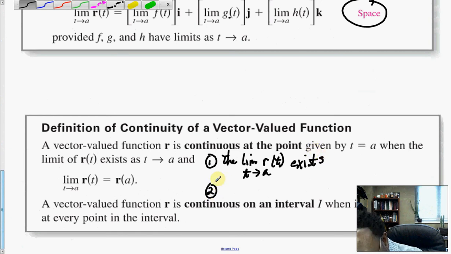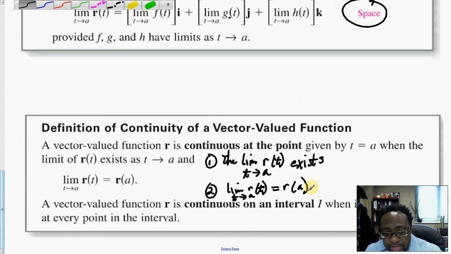And then secondly, that if the limit of r of t as t approaches a exists, that limit ends up having a definite number and that this limit is equal to r of a.